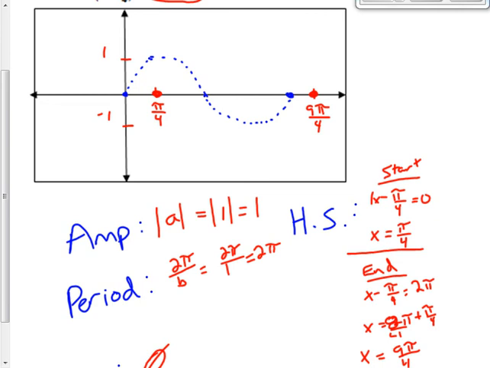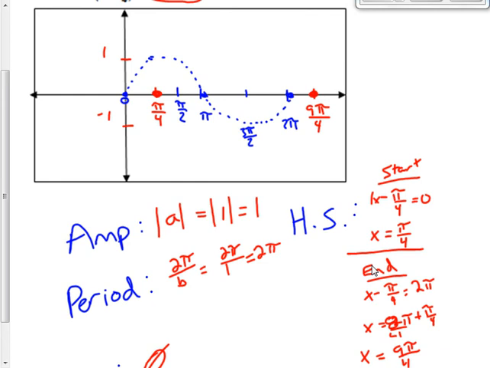Okay, so I'm taking that original blue graph and I'm moving everything to the right. And maybe a better way for me to look at this would be to actually put those points in. So I've got a 0 here, pi over 2 is here. This is at pi. This is at 3 pi over 2. And this is at 2 pi.